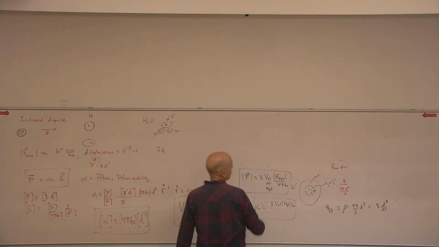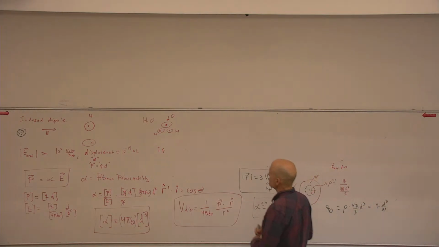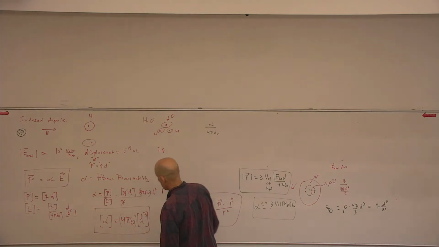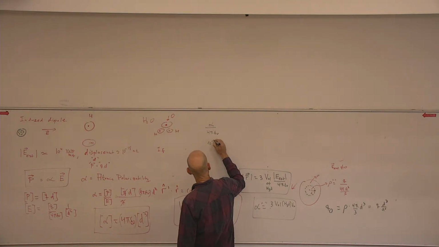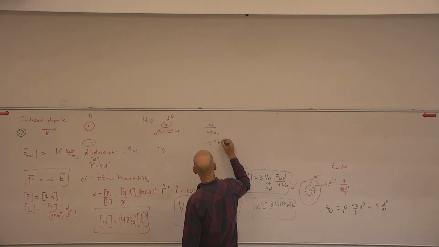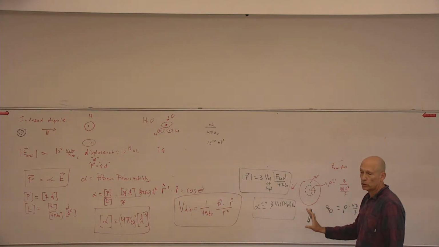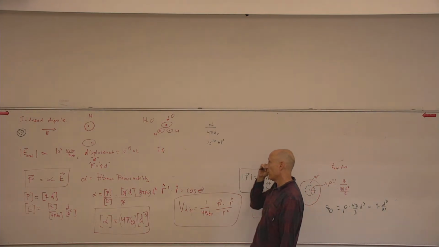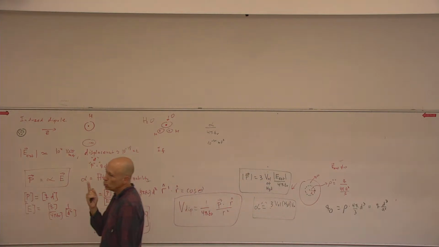So you look at the table, and this is, for example, alpha divided by 4 pi epsilon 0. So like here, I divided it, so what I'm getting here is this 10 to the minus 30 meters to the power 3. This is the units. And from this calculation I got this. You can imagine a physicist that finds this in the 19th century, and he has no clue about Bohr.